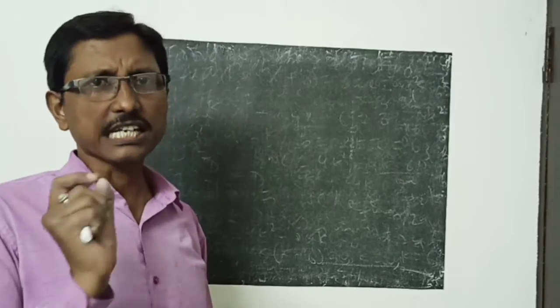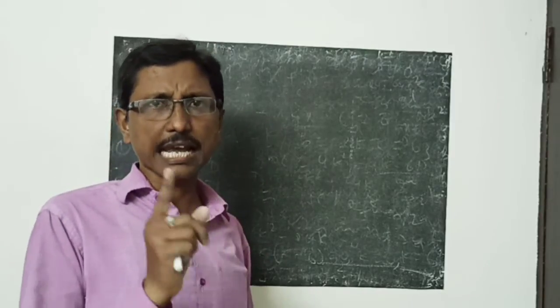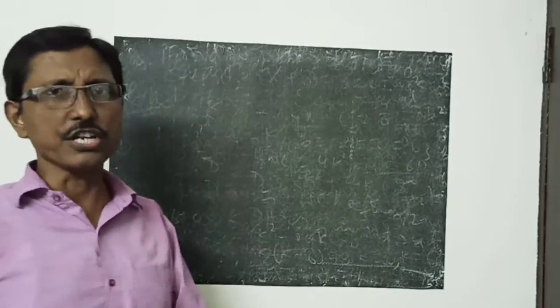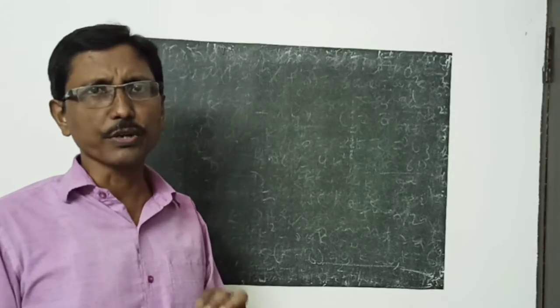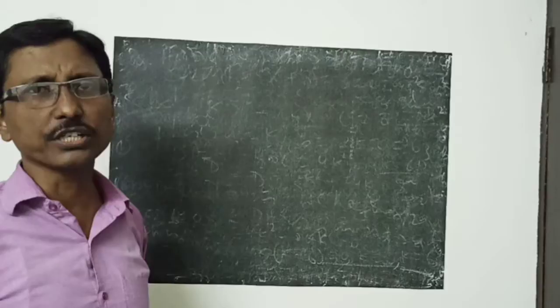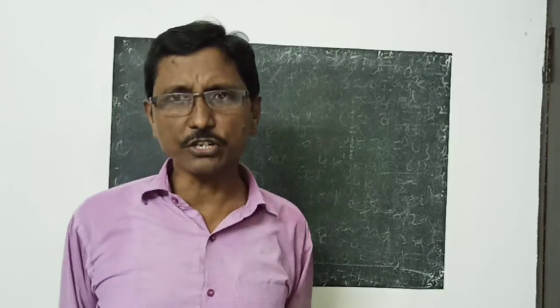If D is greater than 0, the roots will be real and distinct, meaning unequal. If D equal to 0, the roots will be real and equal. And if D is less than 0, the roots will be not real, meaning imaginary roots.